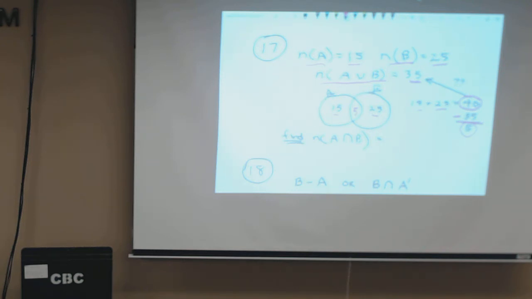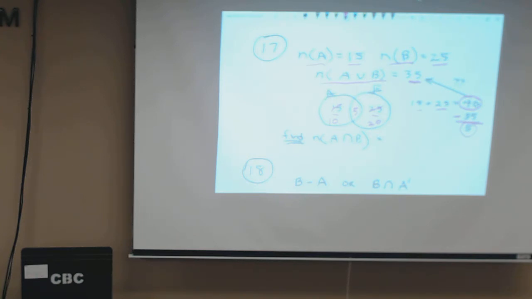Now, if I put 5 of these here, then 15 becomes what? 10. And 25 becomes 20. And now watch. The number of elements in the union of A and B is 35. What's 10 plus 5 plus 20? Now I've got my picture right. 35.